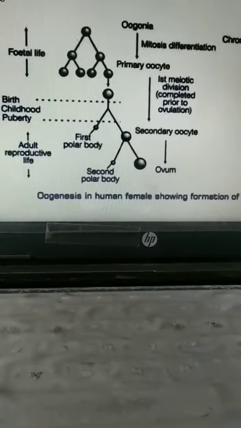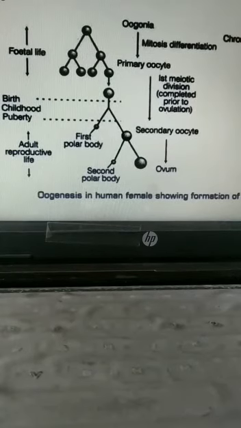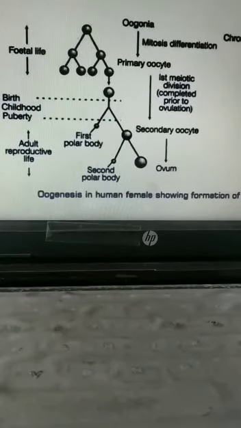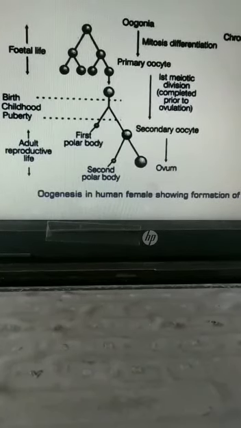The tertiary follicle changes into a mature follicle, that is the Graafian follicle, which ruptures to release the secondary oocyte or ovum from the ovary by a process called ovulation.